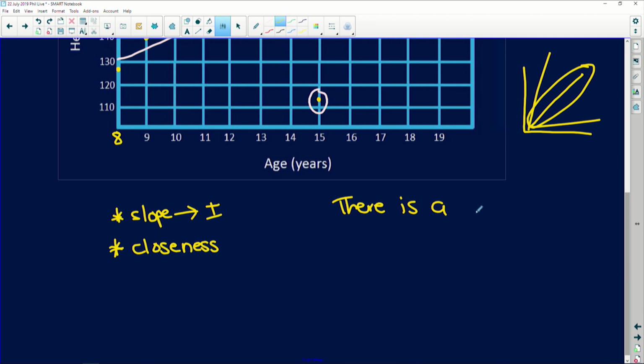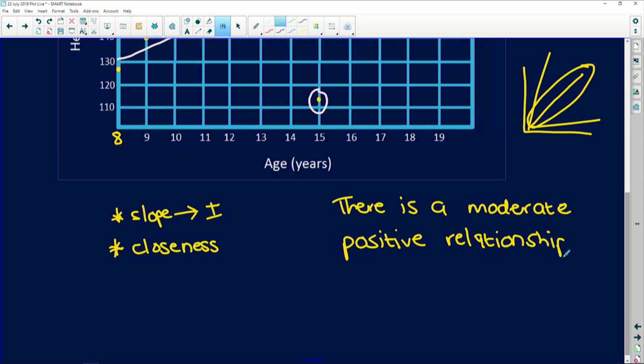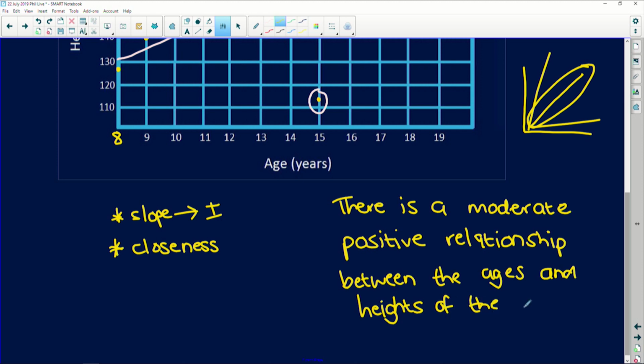So there is a moderate positive relationship between the ages and heights of the girls. You need to comment on both variables.